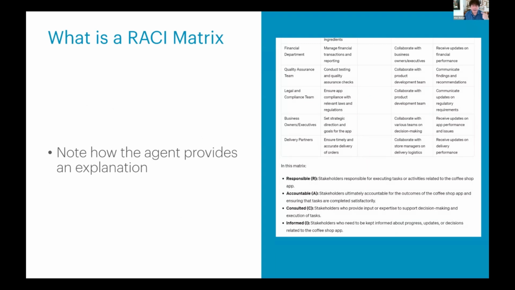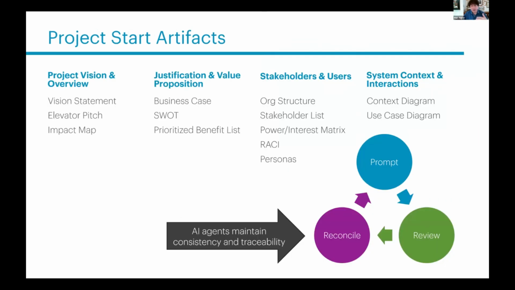And again, you can engage in the conversation with the agent to review that. And then of course, if you have multiple different artifacts, then you can also reconcile those. You can say, for example, I'm going to get a data model, I'm going to get a UI screen.